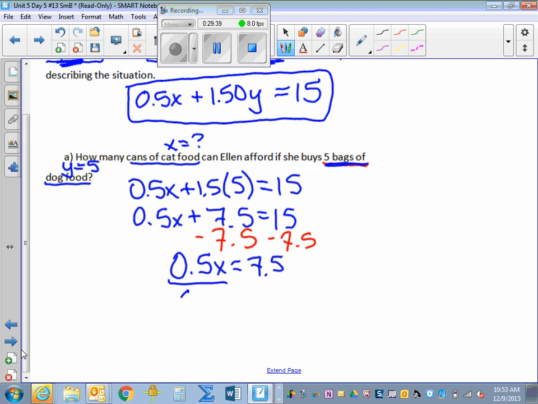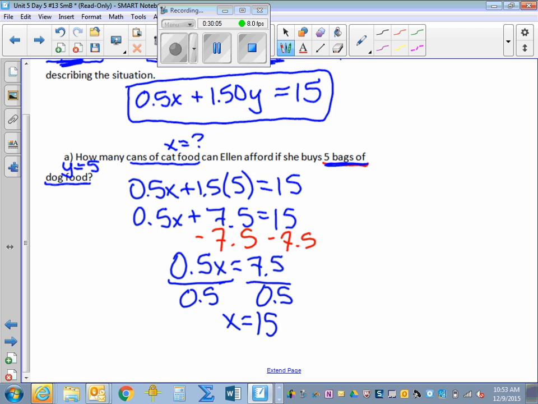Divide. Right, now we can divide. Okay. So then we get X equals what? 15. And 15 what?